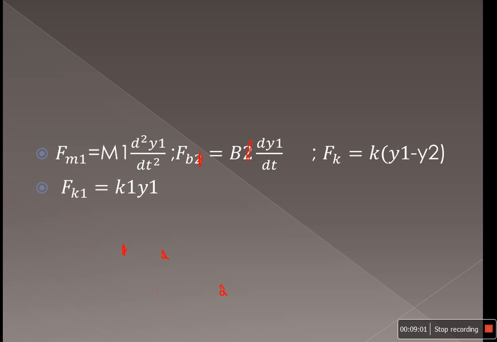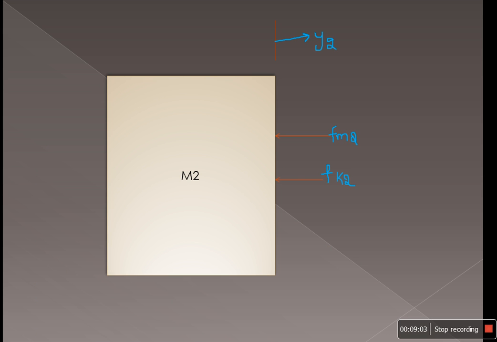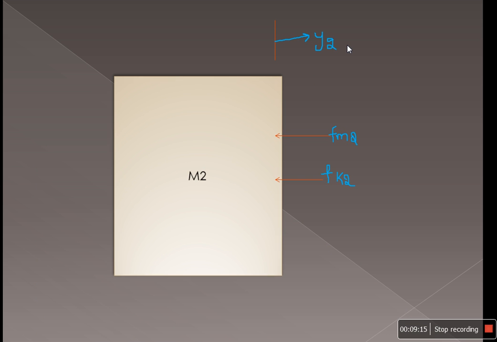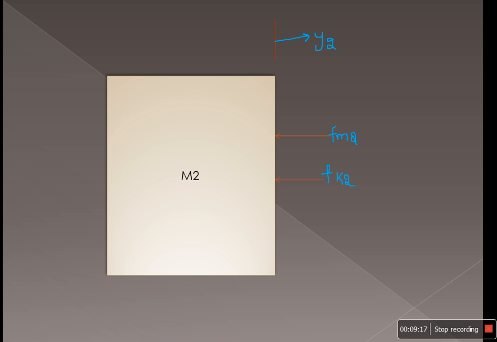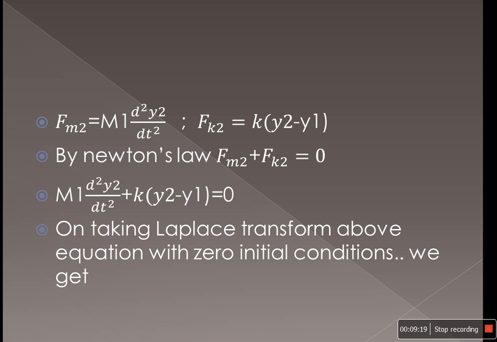In the free body diagram of M2 we have only two forces: one is the opposing force due to mass, the other is the opposing force due to k2, and the displacement is y2. So Fm2 plus Fk2 equals 0. Just substitute the value of Fm2 and the value of Fk2, and you get it like this.